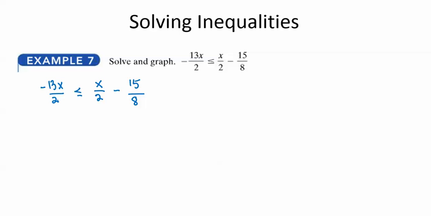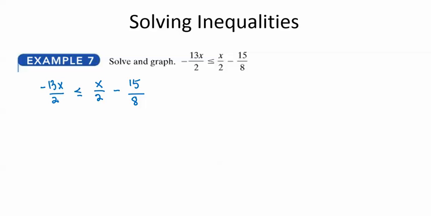So how am I going to do that? Well, the first thing I need is a least common denominator, which is also known as a least common multiple of 2 and 8. The least common multiple is the smallest number that can be evenly divided by both 2 and 8. Now, because it has to be divisible evenly by 8, it can't be any smaller than 8.